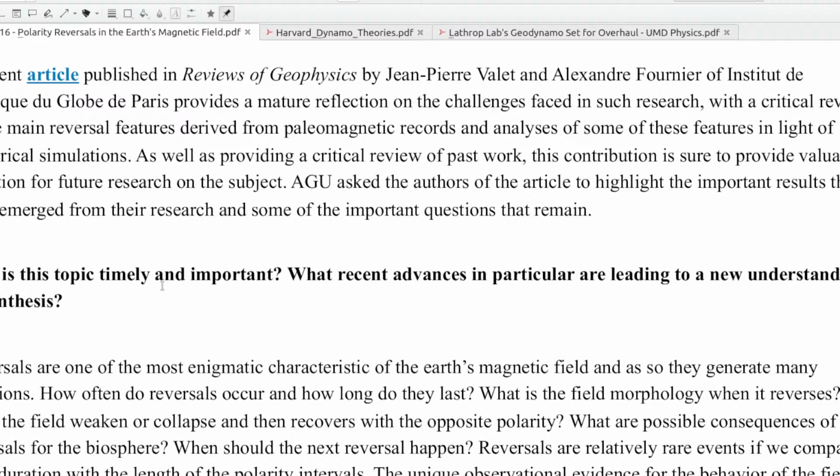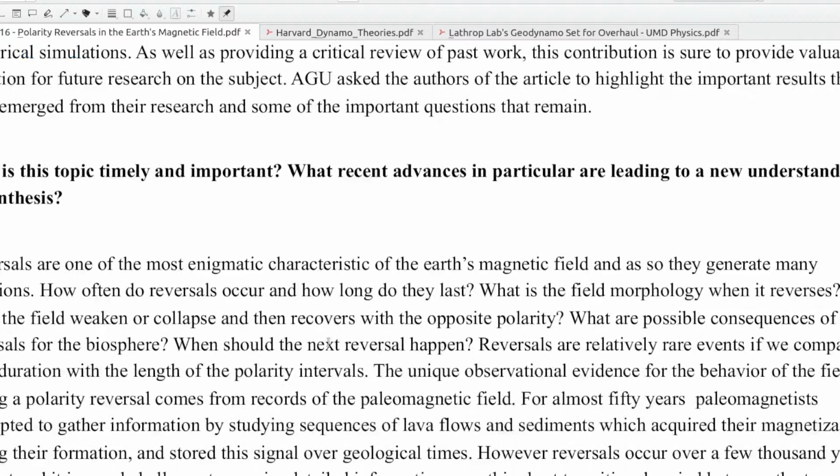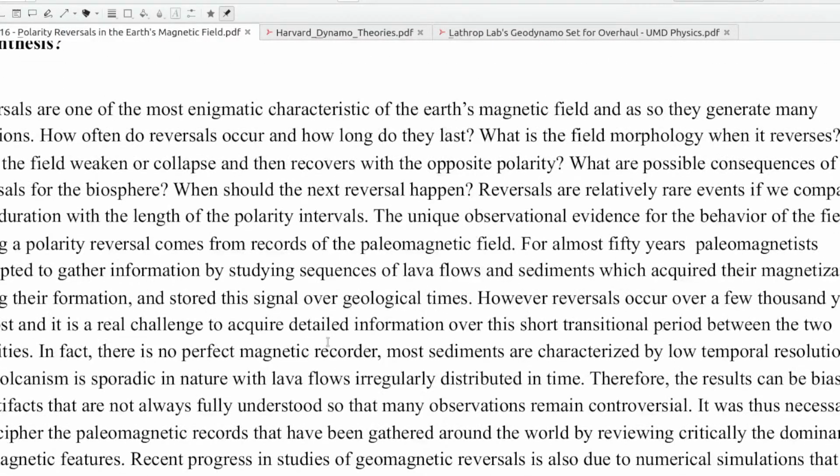AGU asked the authors of the article to highlight the important results that have emerged from their research and some of the important questions that remain. Why is this topic timely and important? What recent advances in particular are leading to a new understanding or synthesis? Reversals are one of the most enigmatic characteristics of the Earth's magnetic field, and as such, they generate many questions.